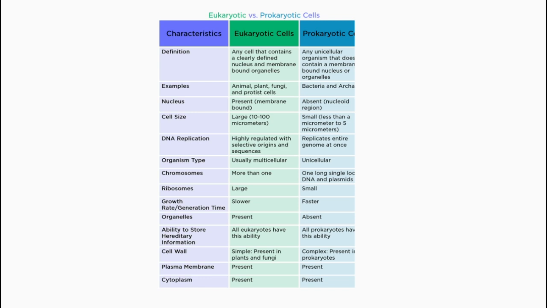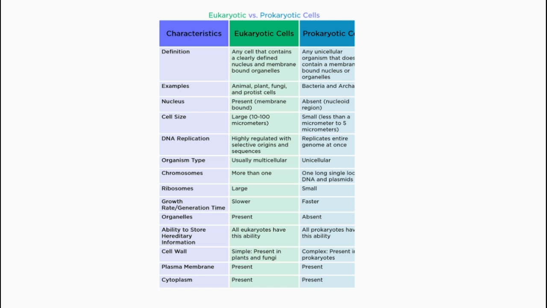By definition, eukaryotic cells are any cells that contain a clearly defined nucleus and have membrane bound organelles. Prokaryotic cells do not have a true nucleus and do not have membrane bound organelles. Examples of eukaryotic cells are animal, plant, fungi, and protist cells.